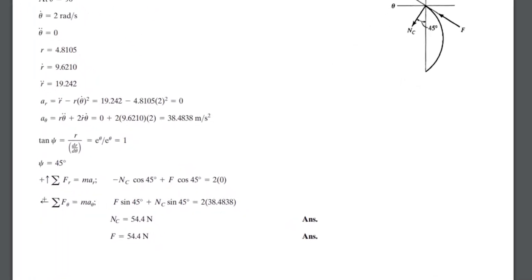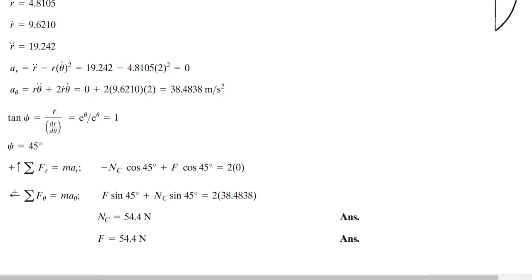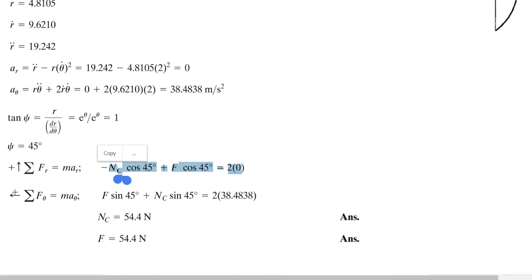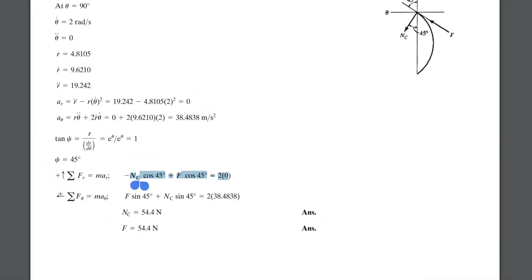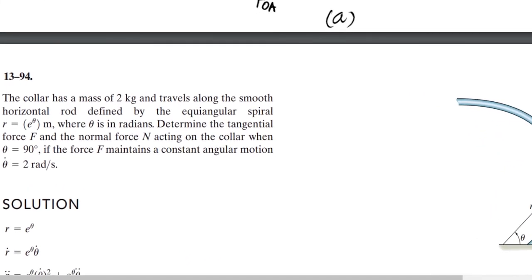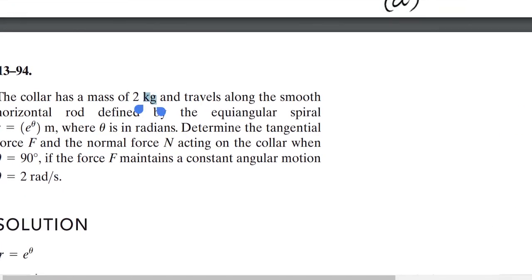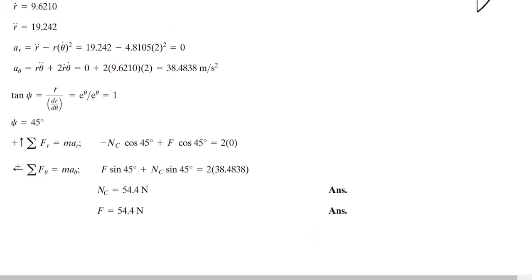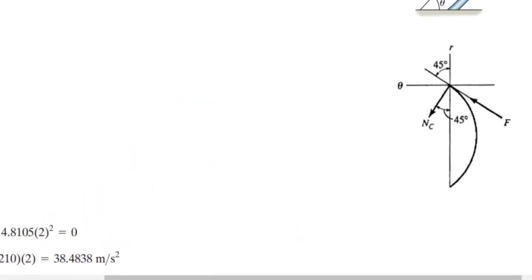If you zoom in on their sum of the forces, it seems like they're forgetting the gravity. Where's the gravity? And that's a pretty big mistake right there. I mean, the collar obviously has mass here that we cannot ignore. So we need to account for the gravity, which should be in that negative r direction.